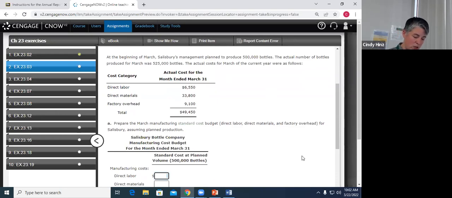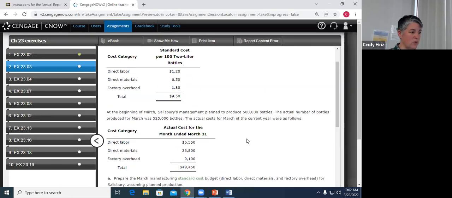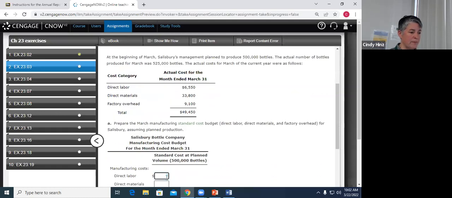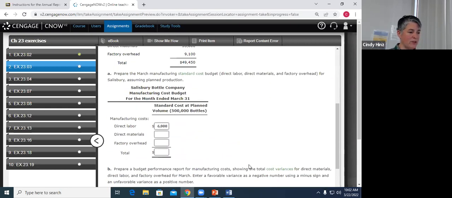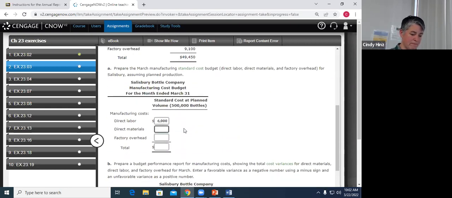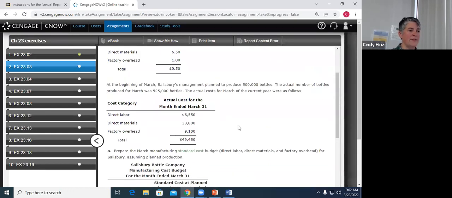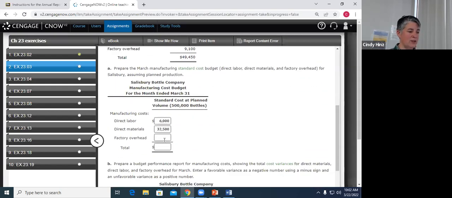So 5,000 units at $1.20 each for direct labor. 5,000 batches each for direct materials at $6.50 per batch. And then finally, 5,000 batches of 100 bottles at $1.80 each.